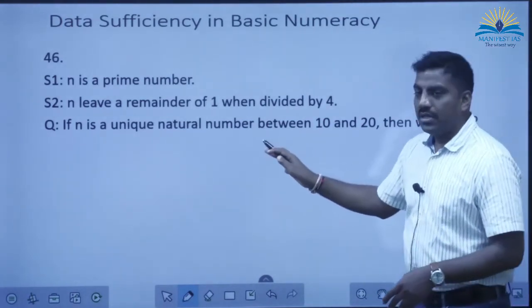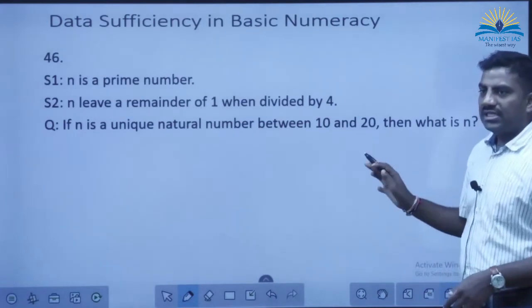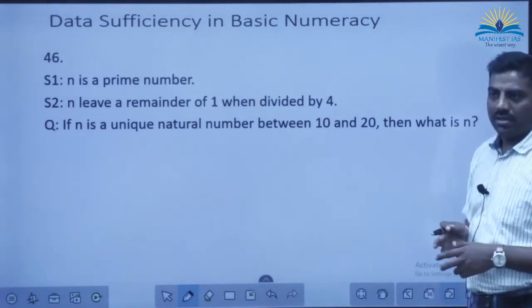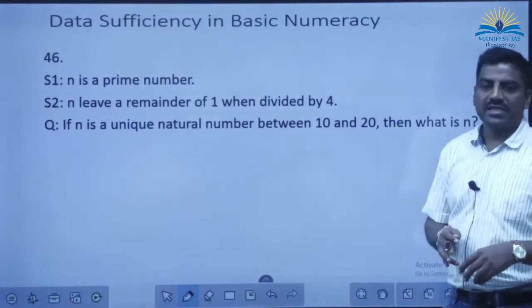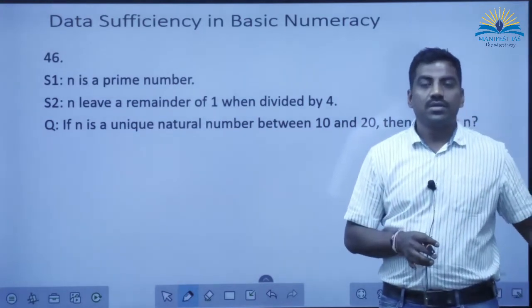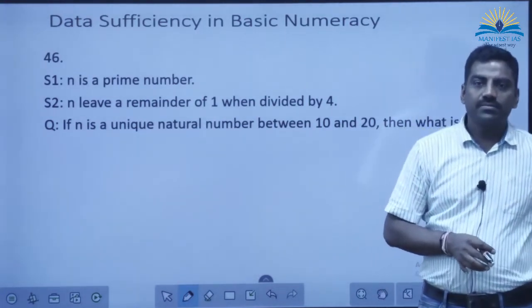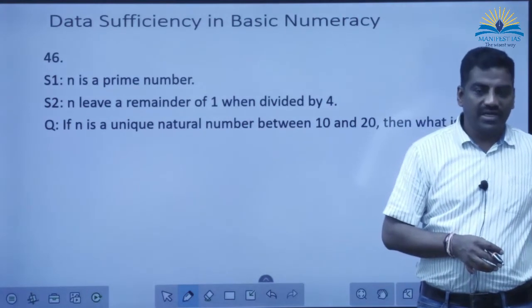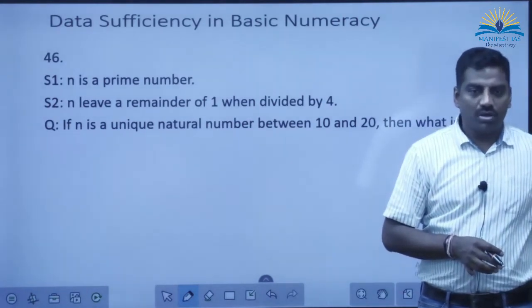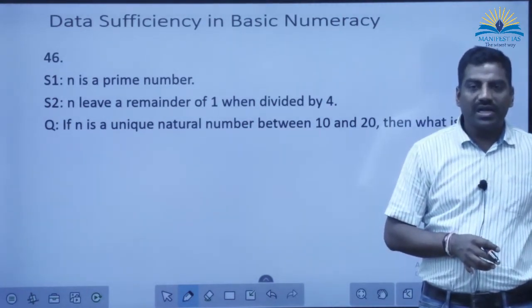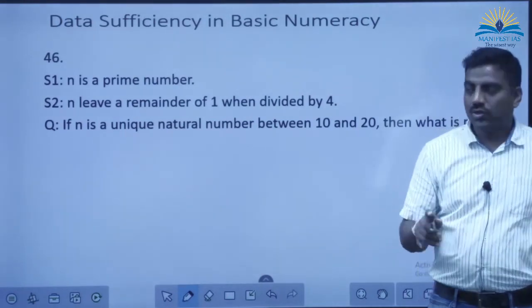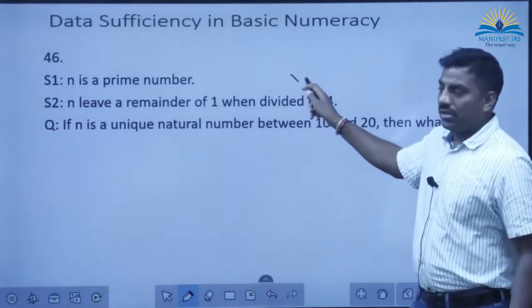So they are telling us that between 10 and 20, there is one unique prime number. How many prime numbers are there between 10 and 20? 11, 13, 17 and 19. 4. We can't have just one prime number. So with this statement, I cannot answer.